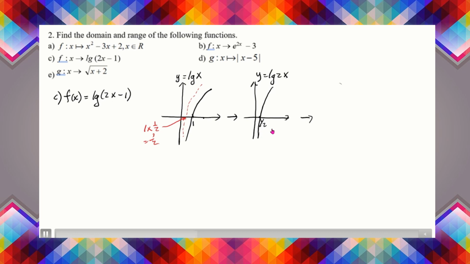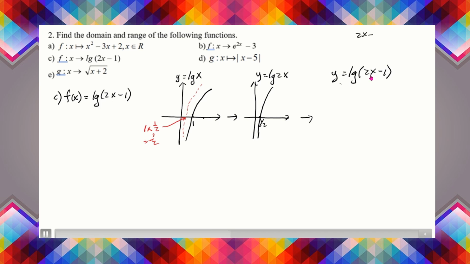After that, we go to log of 2x minus 1. Since this minus 1 is inside the brackets with the x, that is the translation for x, either a shift to the left or to the right.